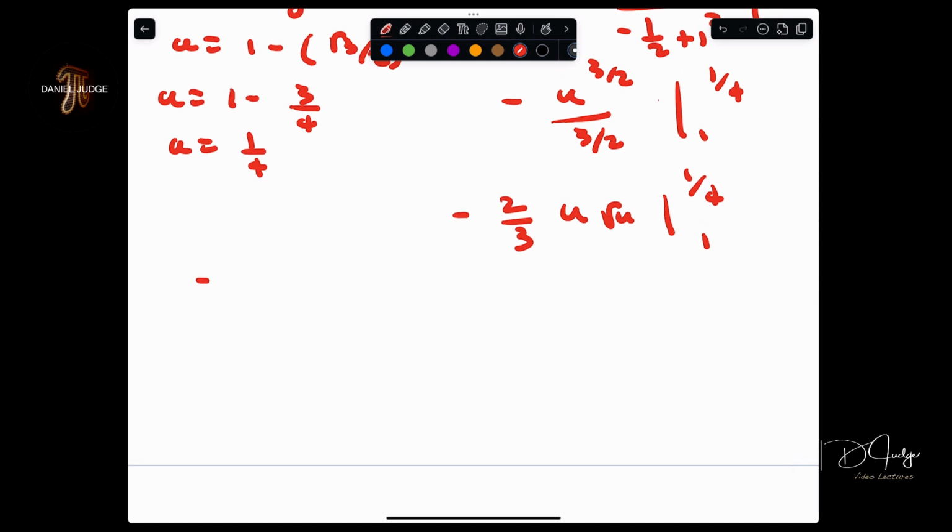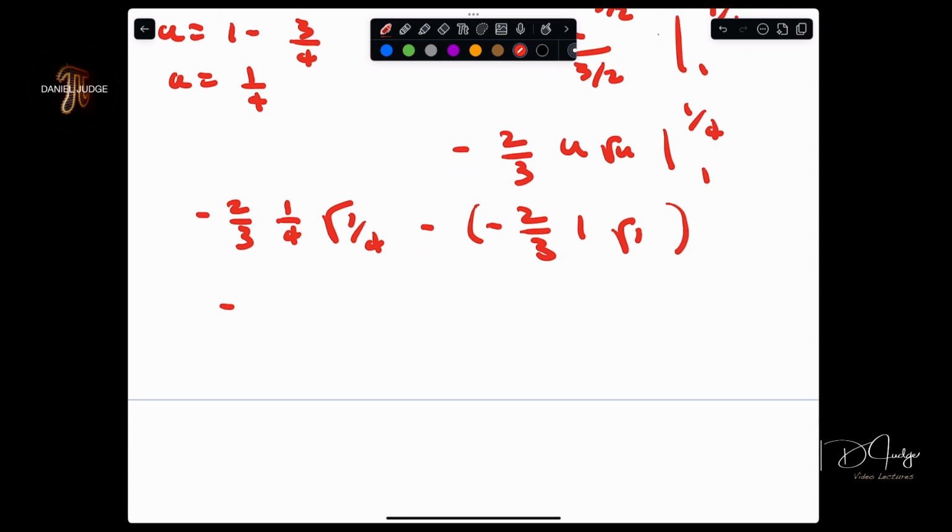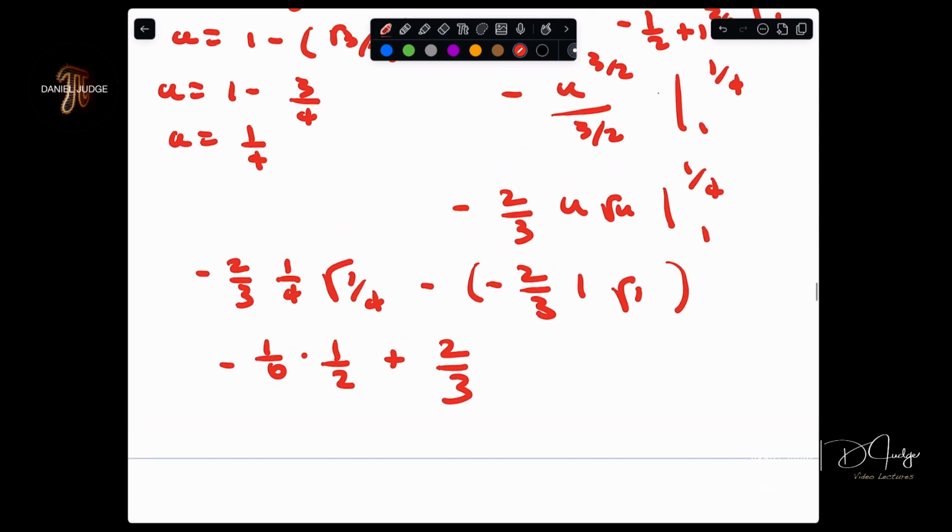All right, so that first integral, negative 2/3 times 1/4 square root of 1/4 minus the negative 2/3 times 1 square root of 1. So it looks like it's a negative 1/6 times 1/2 plus a 2/3 maybe. Let's double check the arithmetic.